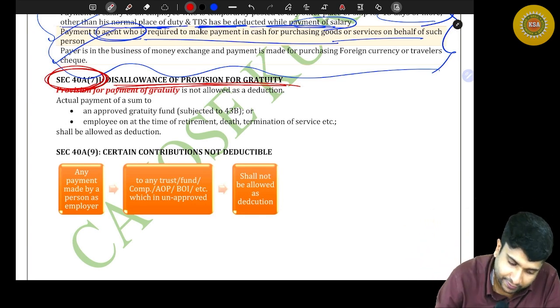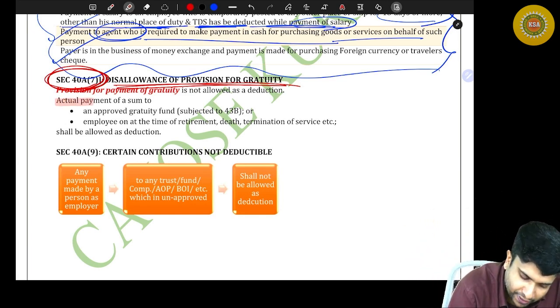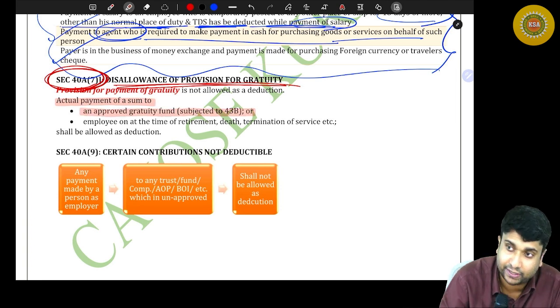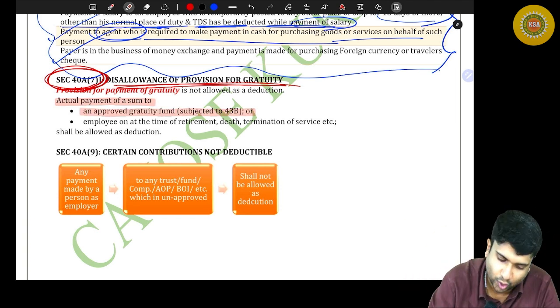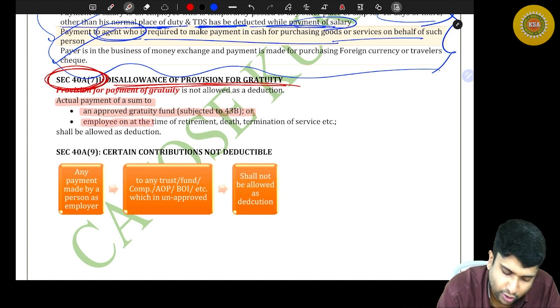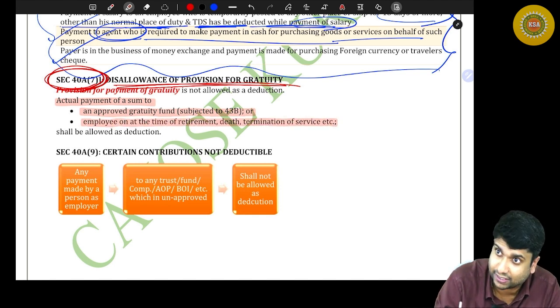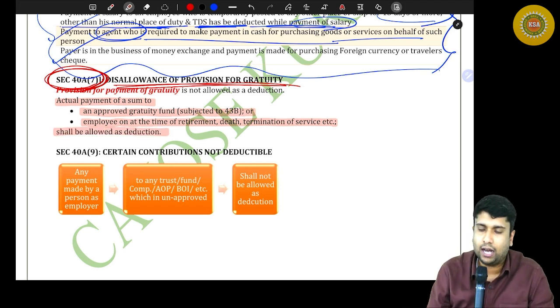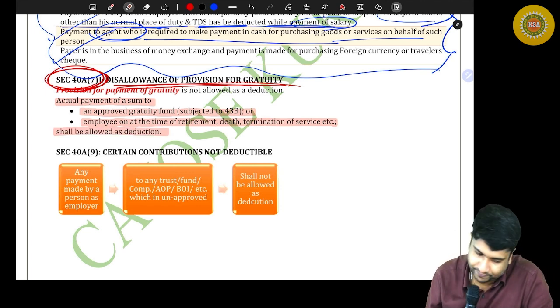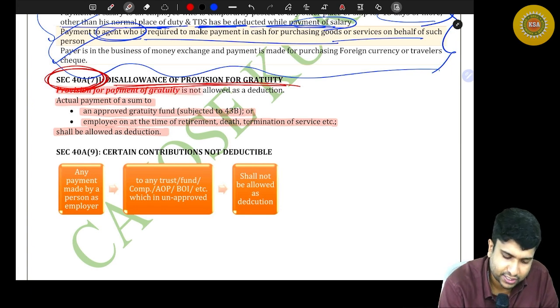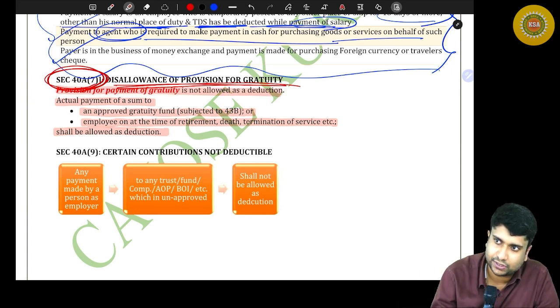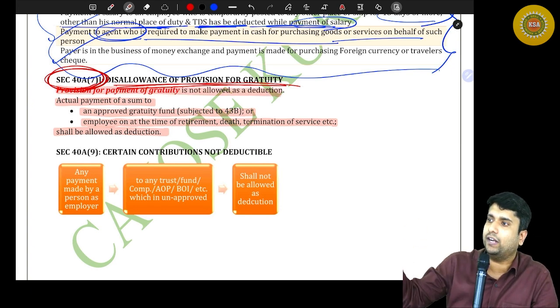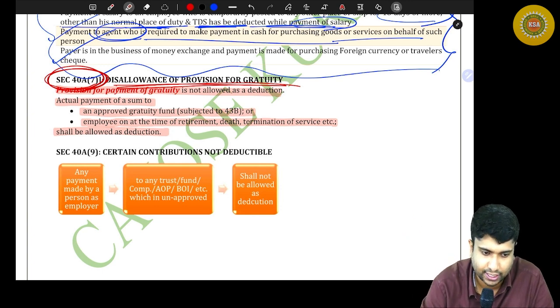Actual payment of sum to approved gratuity fund is subject to Section 43B. That means you have to actually make the payment, or you are actually making the payment to the employee at the time of retirement, death, termination of service, etc. These are allowed as deduction. So putting a provision is disallowed. Actual payment of gratuity or payment to an approved gratuity fund, both are allowed as deduction. I hope it is clear.